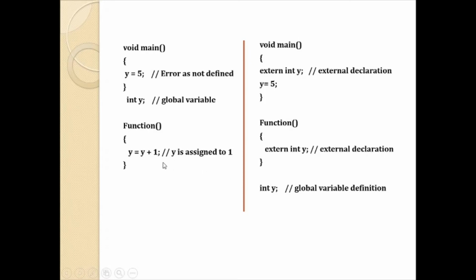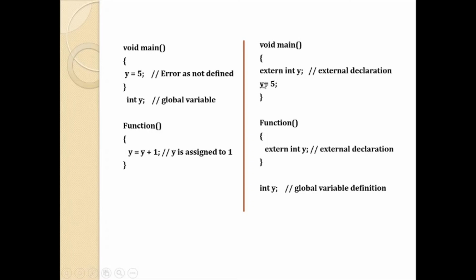So here it is working fine, but in main it is going to give you an error because y is defined after the definition of main. So how do we avoid such problems if global variables are declared somewhere later in the program? That can be done by making use of the extern keyword.